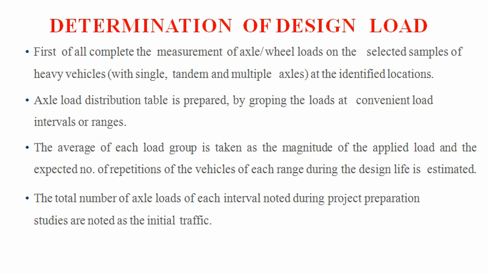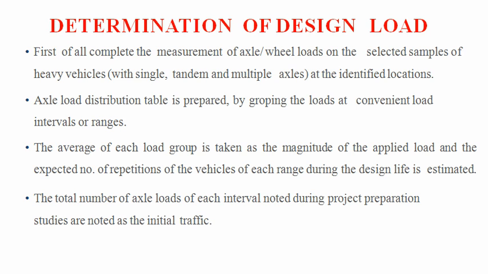Next is the determination of the design load. First, complete the measurement of the axle or wheel loads on selected samples of heavy vehicles with single, tandem, tridem or multiple axles at the identified locations. Next, the axle load distribution table is prepared by grouping the loads at convenient load intervals or ranges.